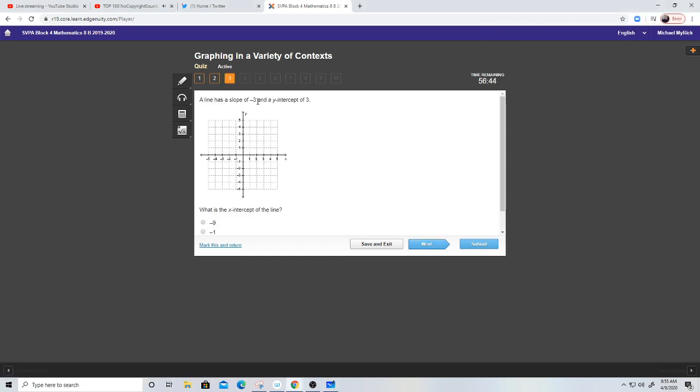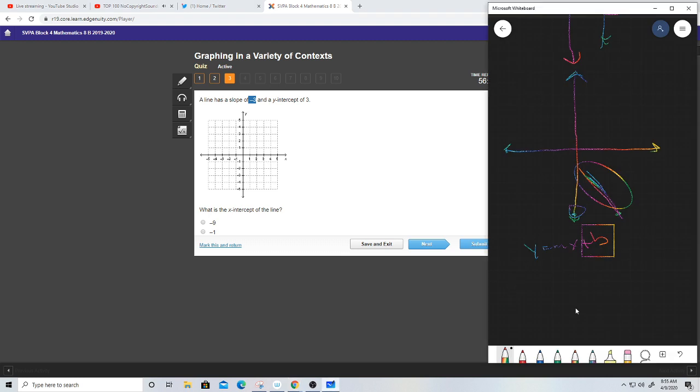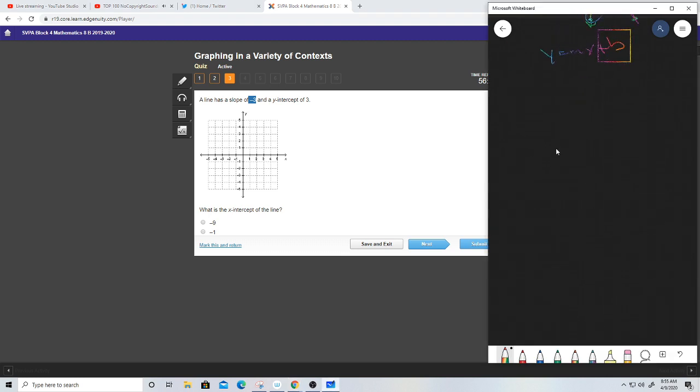Alright, a line has a slope of -3 and a y-intercept of 3. What is the x-intercept? Okay, so here you go. If it has a y-intercept of 3, which is here, and a slope of -3, that means it's going to go, remember, right 1, down 3.